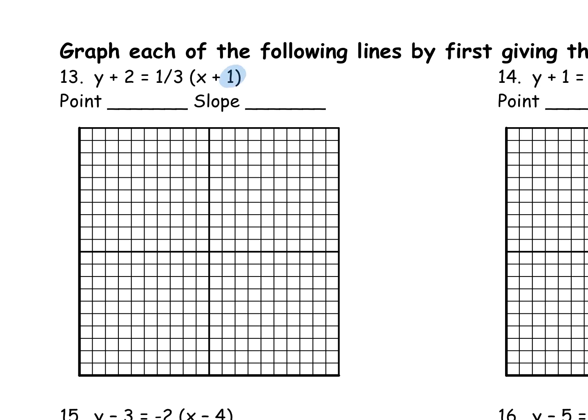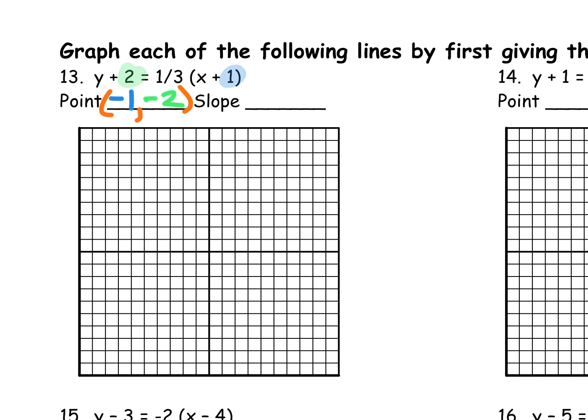That x-coordinate, because it's a +1, is going to be a -1. The y-coordinate, because it was a +2, is going to be a -2. So in slope-intercept form, you always start from the y-intercept. In point slope, your first dot is going to be that point.